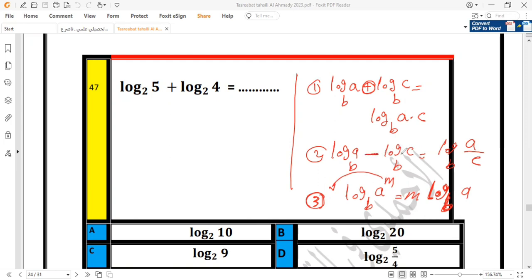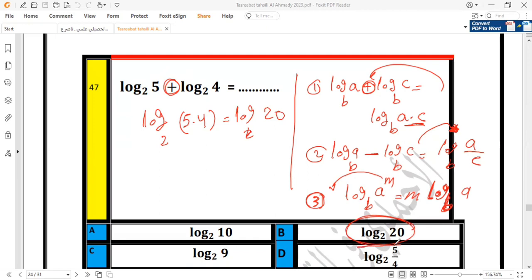So addition converts to multiplication: log base 2 of 5 times 4 is log base 2 of 20. Pay attention to these properties of logarithms.